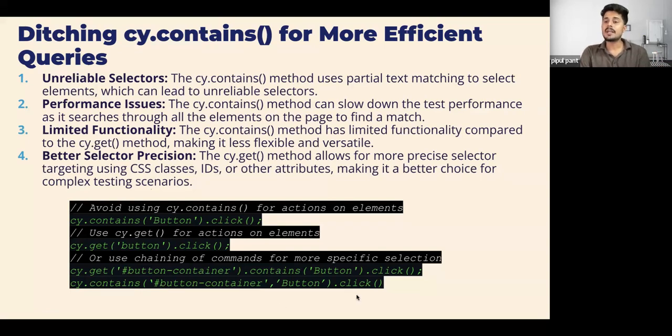So either way, you can use cy.get with contains, or you can use contains with the selector and the value and do the actions. But it is always a best practice to avoid cy.contains button dot click, because it really increases flakiness in the test code, and that flakiness might cause the automation specs to fail. So it is always best practice to use a consistent way of writing selectors.